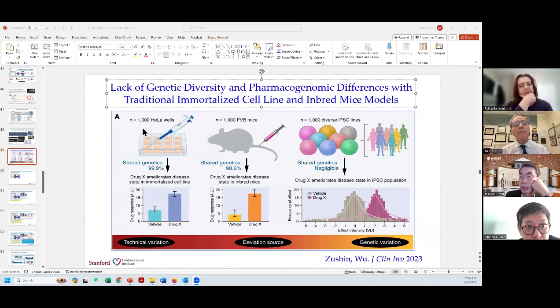If you take your HeLa cell, H9C2, C2C12 cell lines and do it 1,000 times, of course you're going to get beautiful data because you're just doing it on the same cell line. On the other hand, if you do it on 1,000 different patients, you're not going to get beautiful data like this anymore. You're going to get a lot of distribution right here. My cell may be right here, your cell may be right here, another cell may be right here.